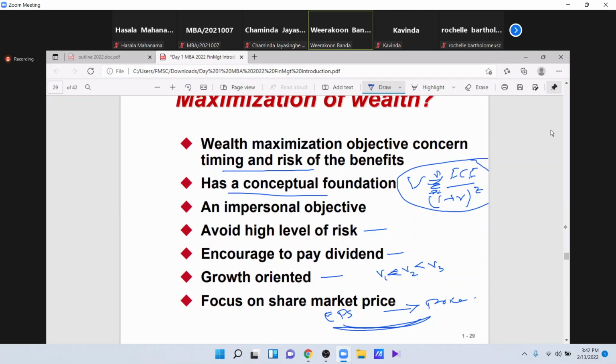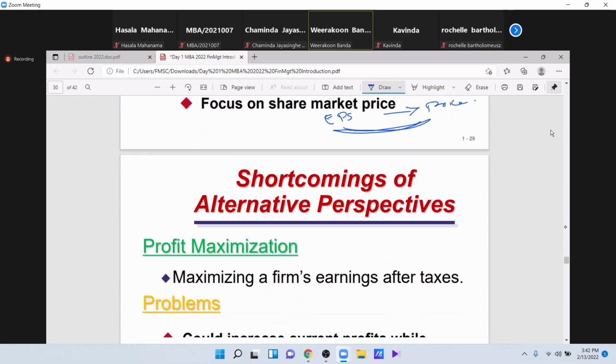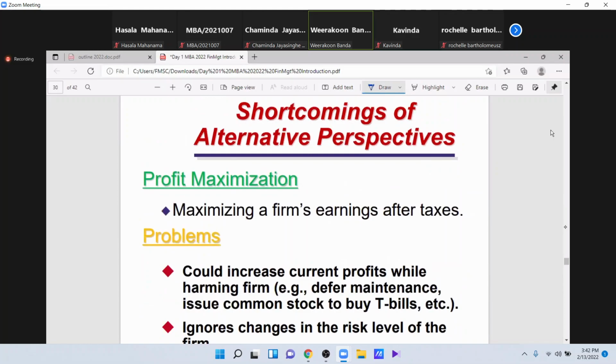Every time that is correlated. Then the shortcomings of alternative perspectives, like profit maximization and earnings per share maximization, which are the alternative methods. They have different limitations.